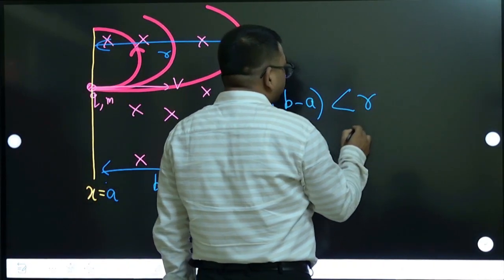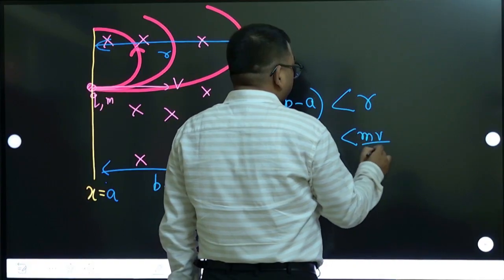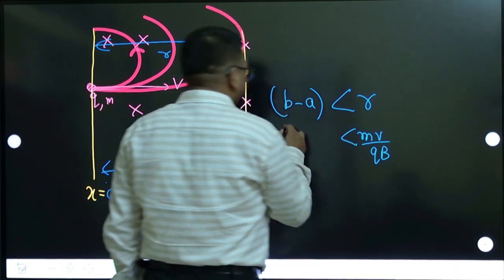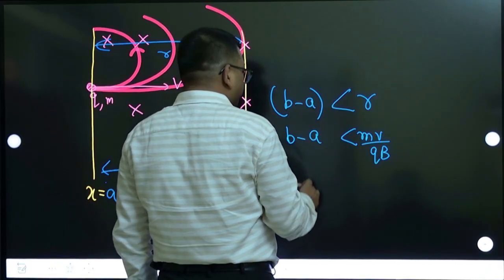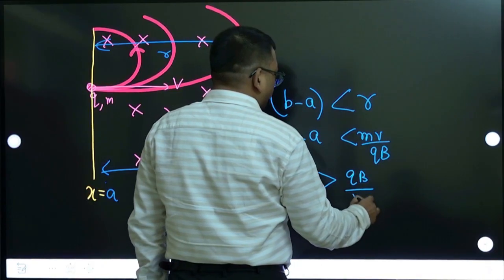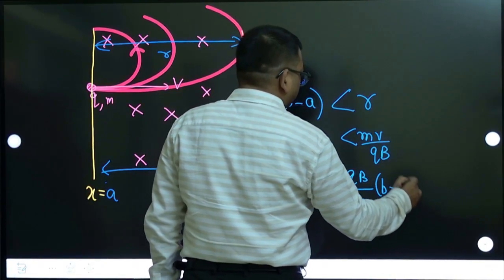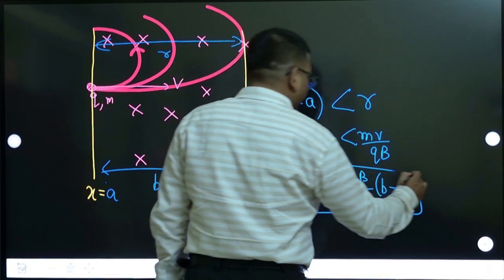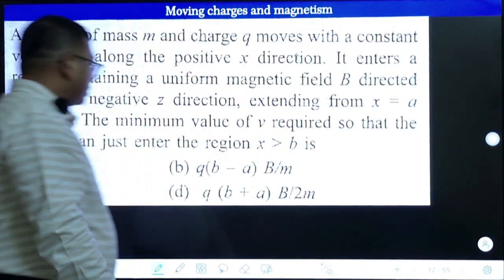That is the condition. Radius formula is mv by qB. Let us apply that. So v must be greater than qB by m times (b minus a).